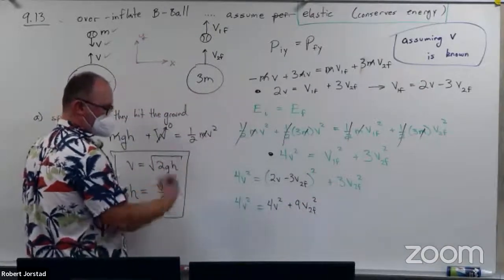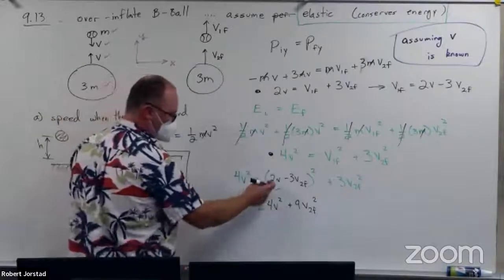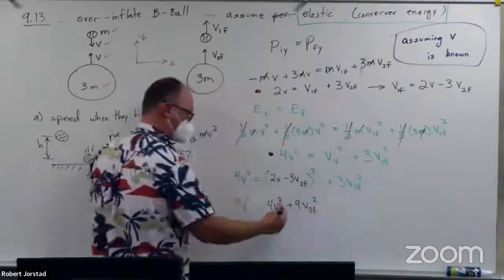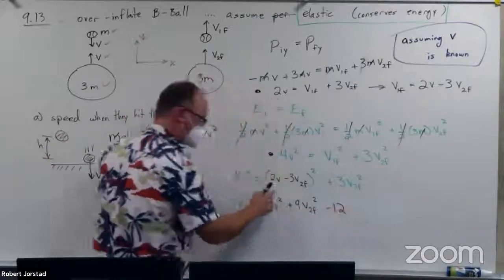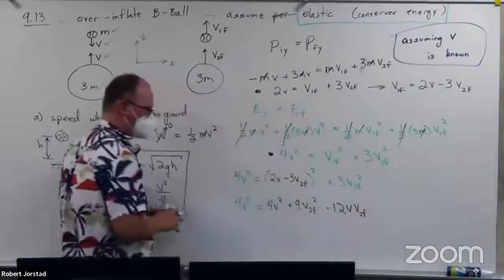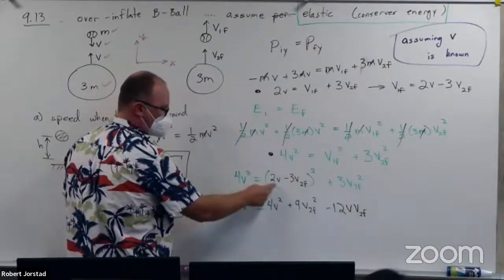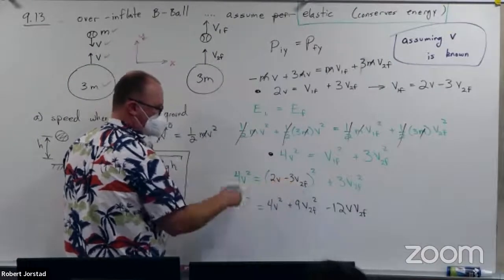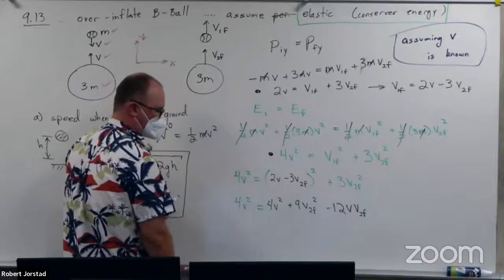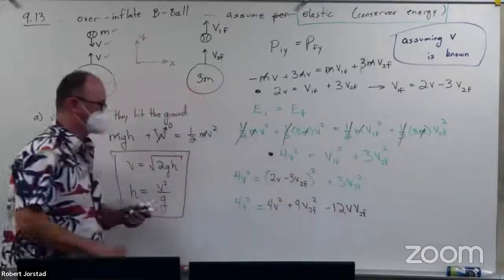And now I get 2 times the cross term. The cross term is 6 negative, and then double that, which is 12, and then I got a V2 final. Did that in my head. Let's check that again. 2V times negative 3V should be negative 6V V final. And then I got a double. Yeah, that's right.